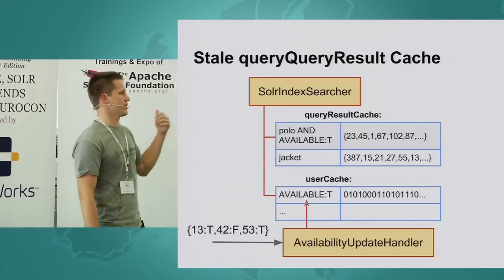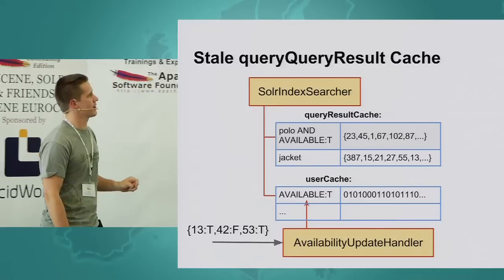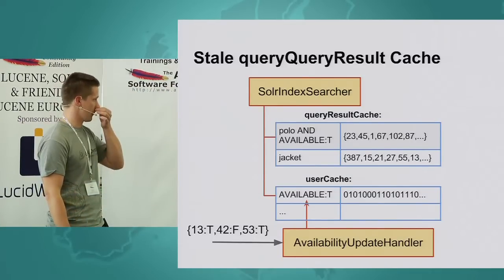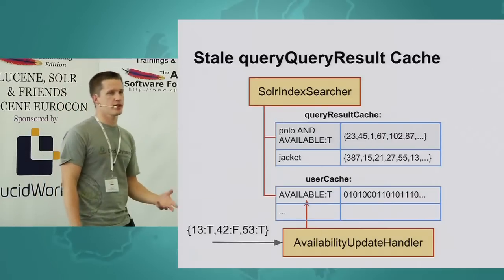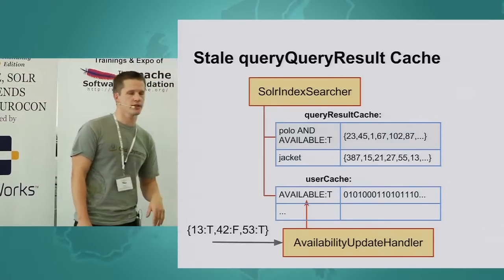Of course, the proposed design has its own issues, and the issue is called stale cache entries. Solr has several caches, like the query result cache and the filter cache.